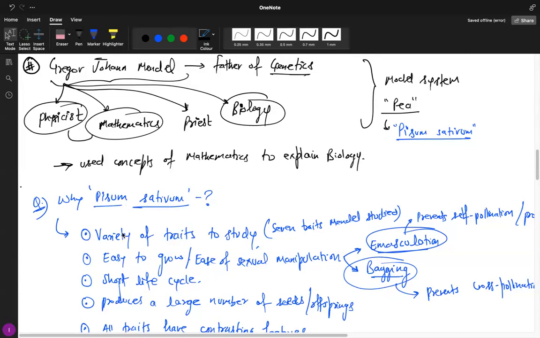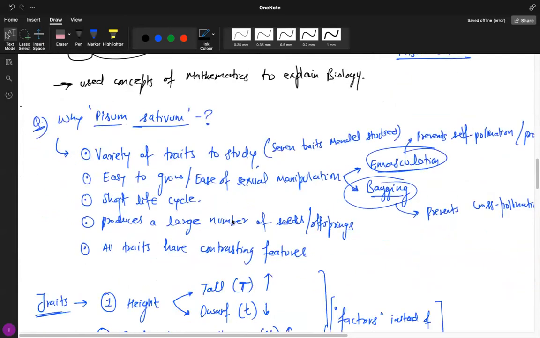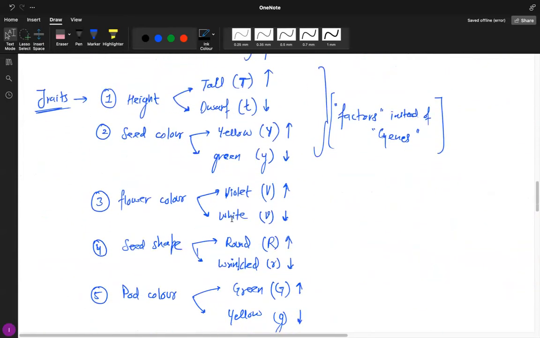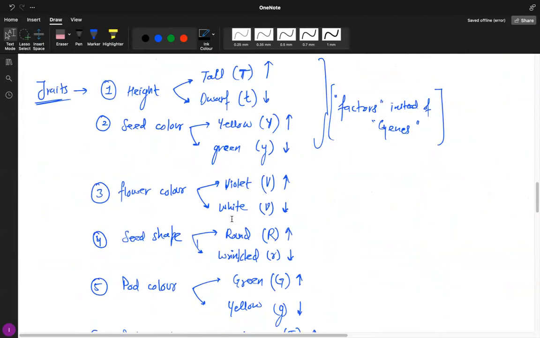First is height, second is seed color, third is flower color, fourth is seed shape, fifth is pod color, sixth is pod shape, and seventh is the position of the flower.